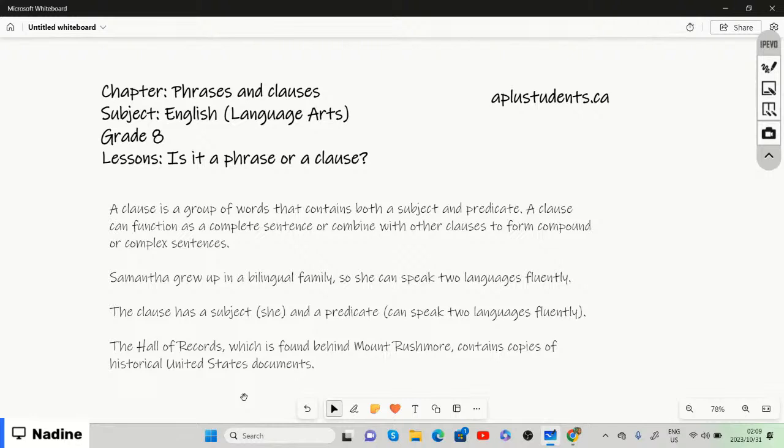The clause has a subject, and the subject is she, the pronoun subject, and the predicate is can speak two languages fluently.